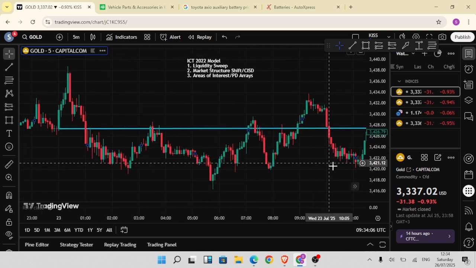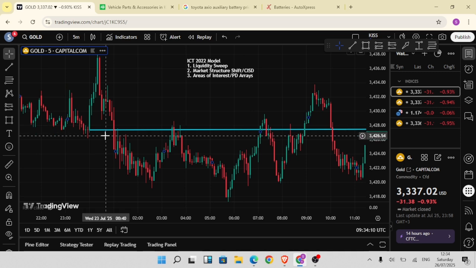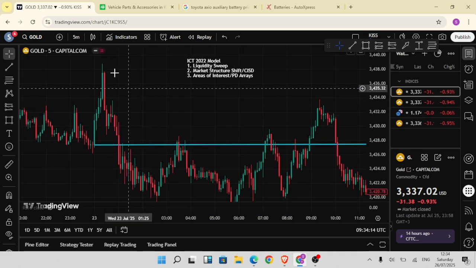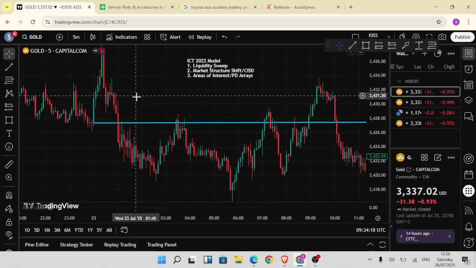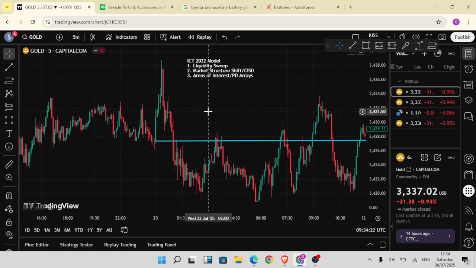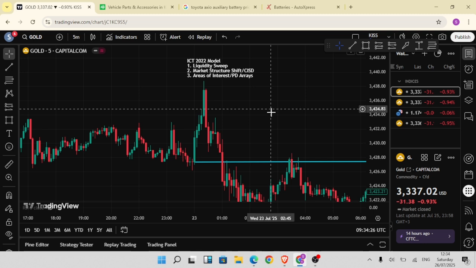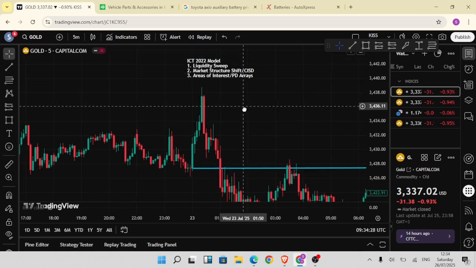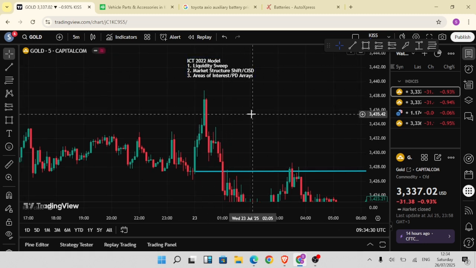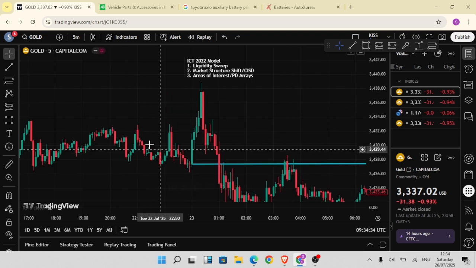Our previous entry model was based on just placing a sell stop on this open. Price will come, tag the open, tag the sell stops. You'll place your stop loss here and you wait for the trend to play out. However, for this entry model, ICT 2022, we are looking for a liquidity sweep. Liquidity sweep is when price is forming higher highs.